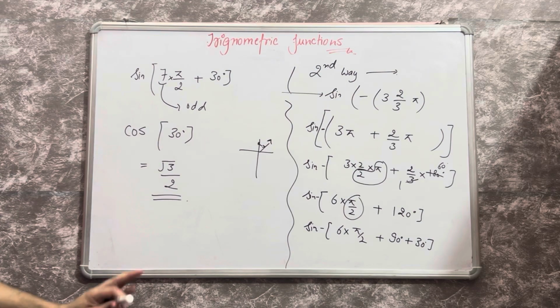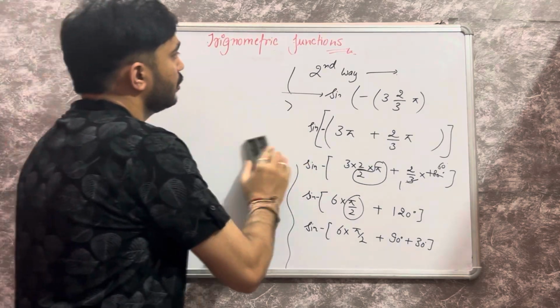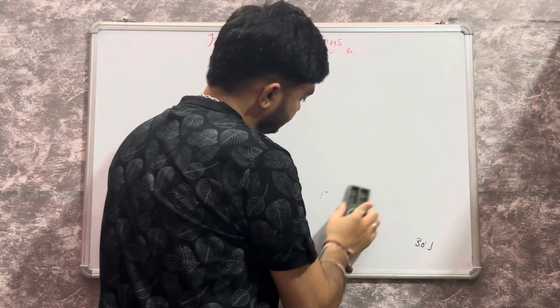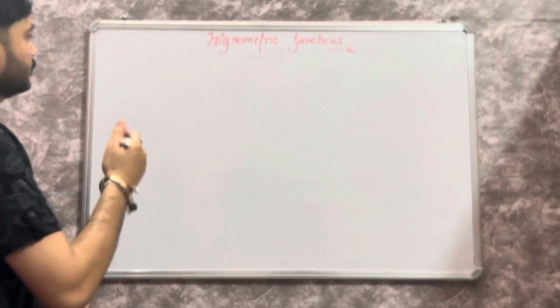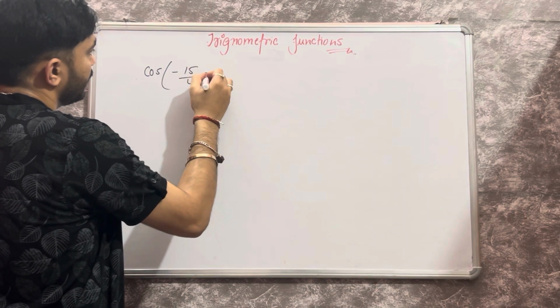We are going to solve one more example of this by both the ways, so that you will get a better view of the question. So the question is cos of minus 15 by 4 pi.